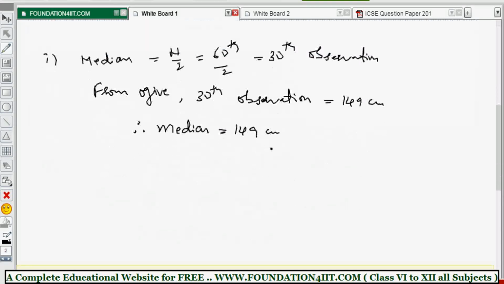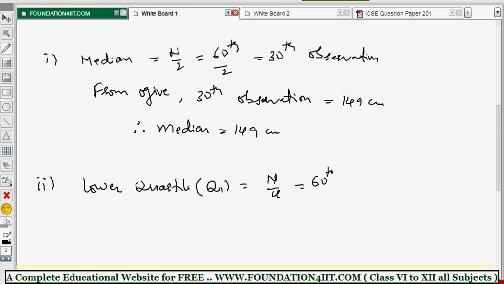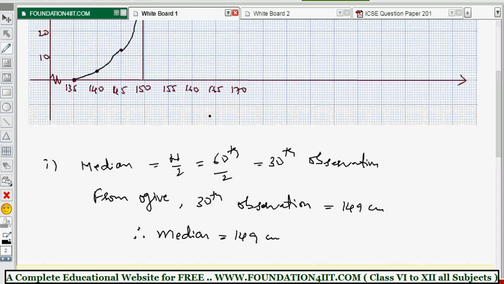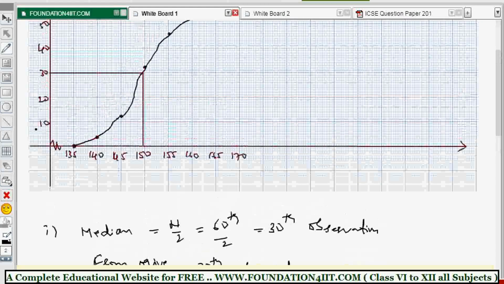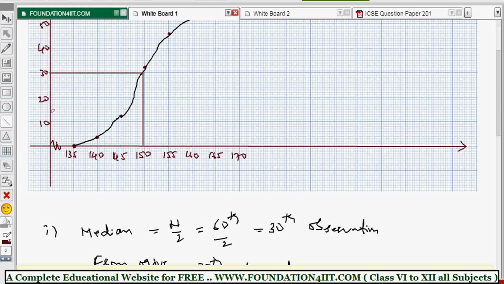Now the lower quartile, that is Q1. That is n by 4, because n is an even number. So 60 by 4, that is the 15th observation. Because n is an even number, this formula will apply. So for the 15th observation, you can take a straight line, and from where it joins, you can take one line down.